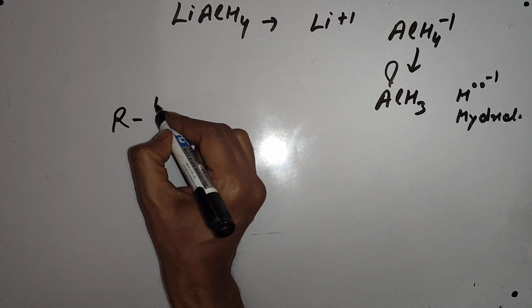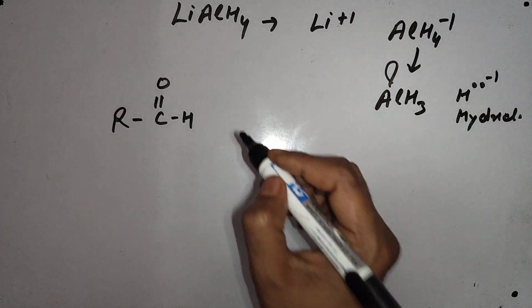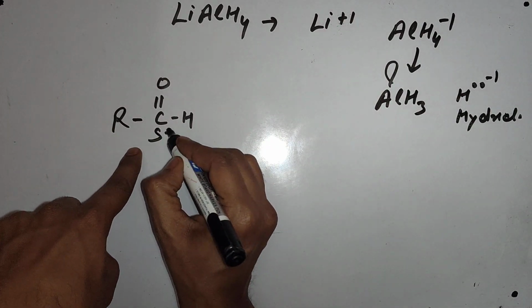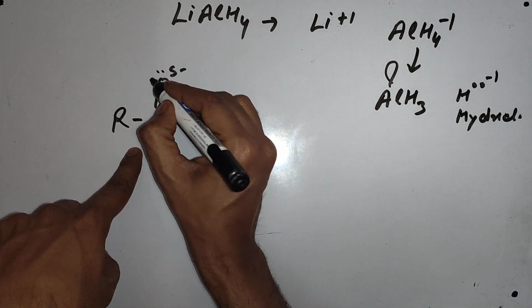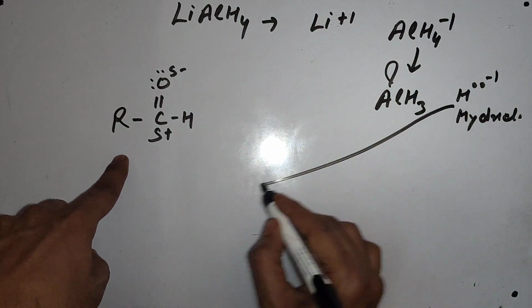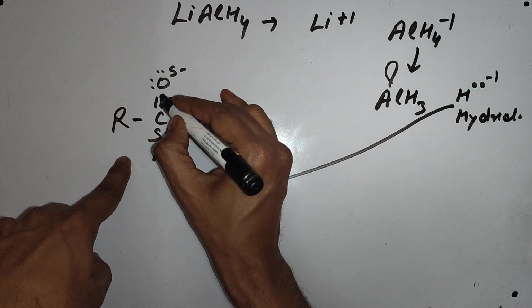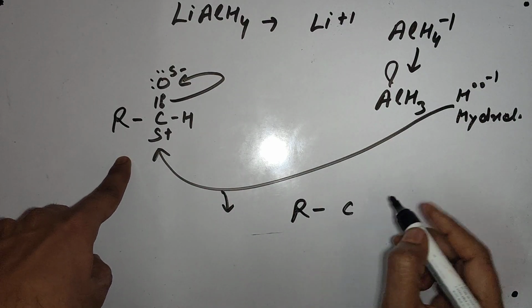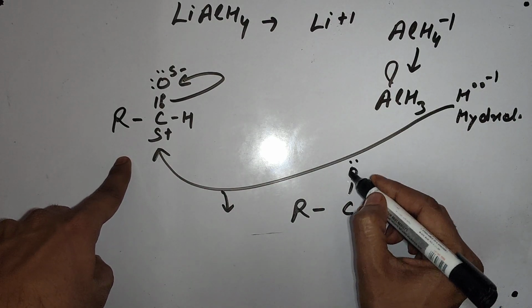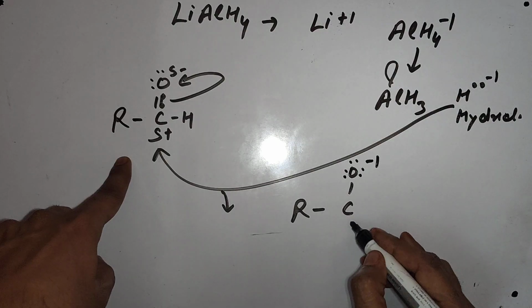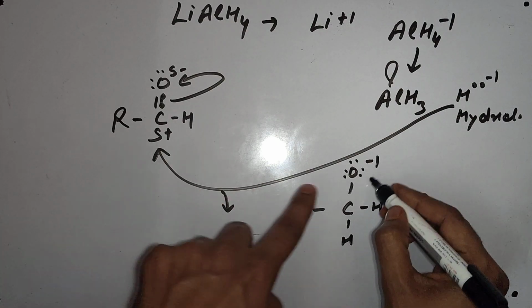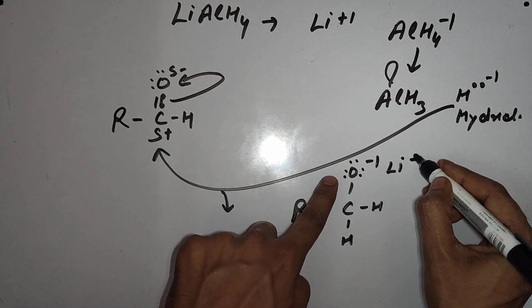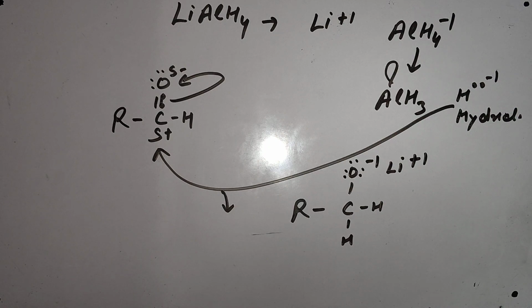The aldehyde was generated. Again, this carbon is carrying partial positive, oxygen is carrying negative. So the hydride will attack on carbon. Pi electrons will shift toward oxygen. RCO negative, H, and this O negative will be satisfied by the lithium positive particle.